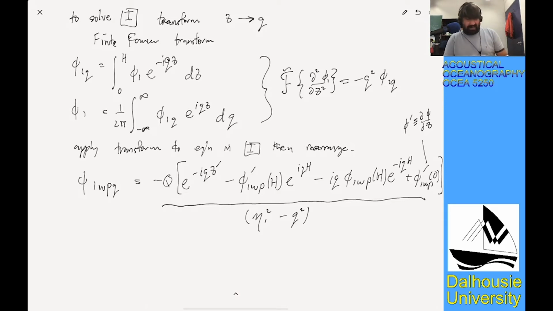Now all we need to do is inverse transform. And that is a pretty big job, so I'm going to say with help. And again, books, tables, Wolfram Alpha, those are all your friends. And we need to exploit all of these boundary conditions that we have to deal with now.